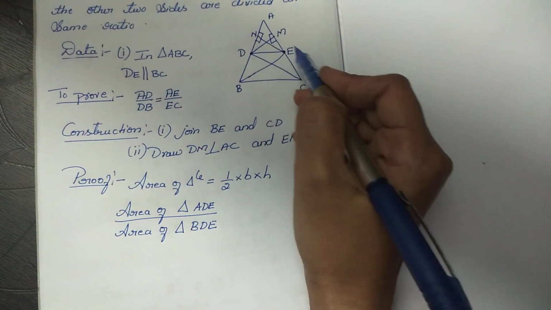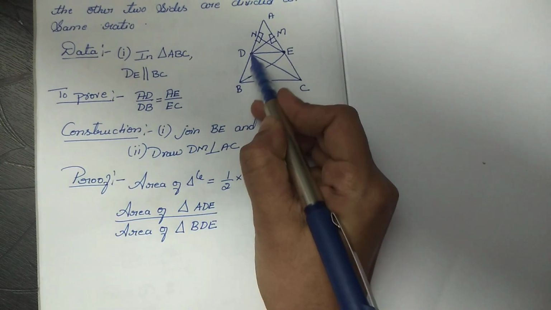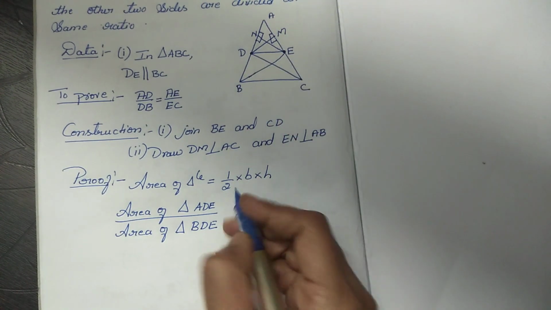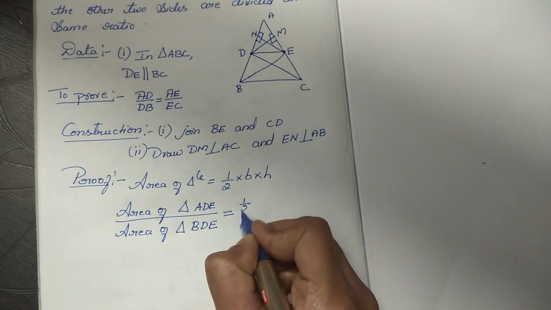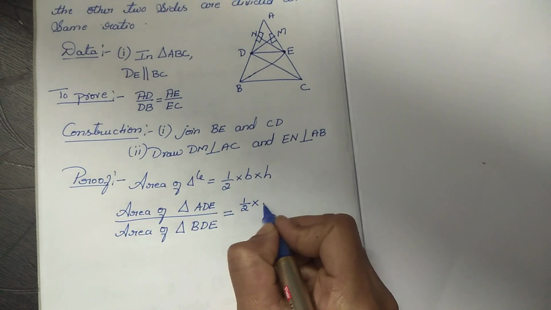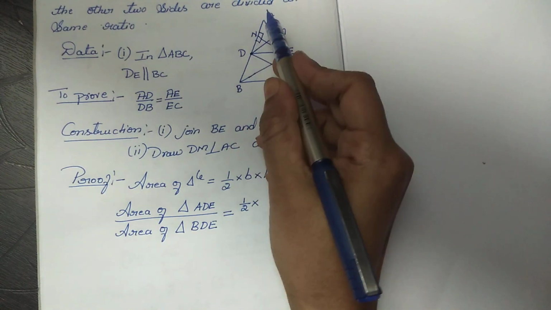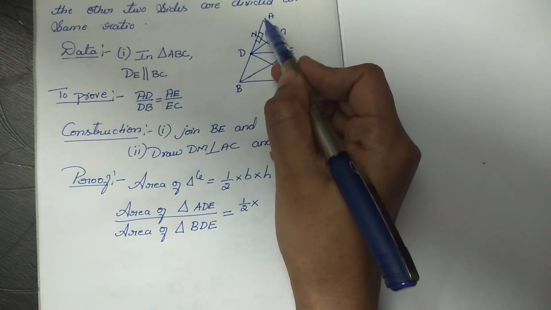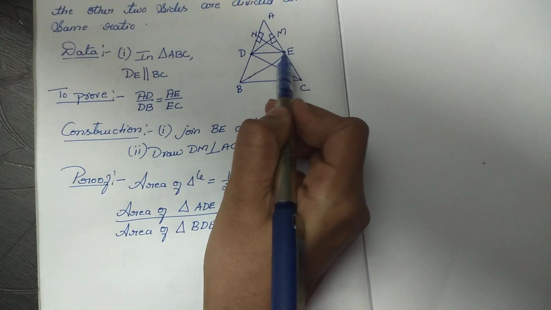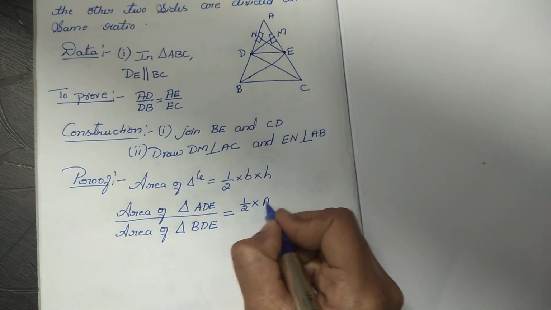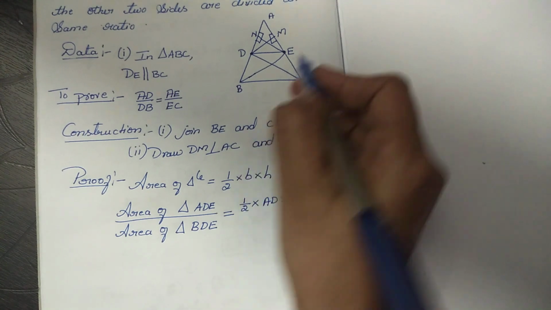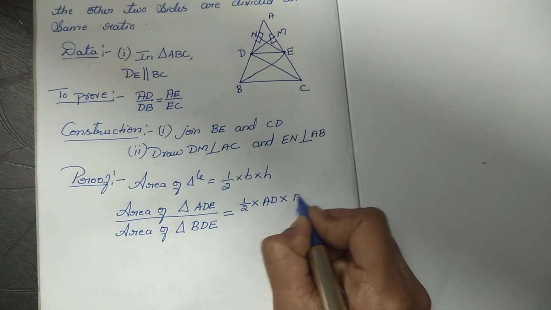In area of triangle ADE, half into base: the base will be AD, since the perpendicular line is on this side, and the height is this perpendicular line EN.